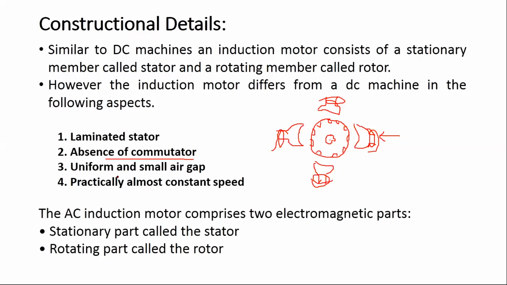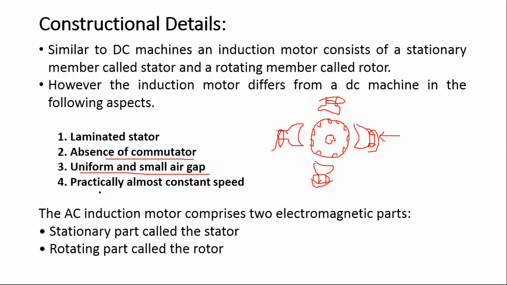Okay, so a uniform and small air gap, to make maximum utilization of the flux or field within the air gap, so a uniform and small air gap is kept, right? Because three-phase induction motors are self-starting motors, and we all know they are self-starting because the flux within the air gap of a three-phase induction motor is of rotating nature, right?